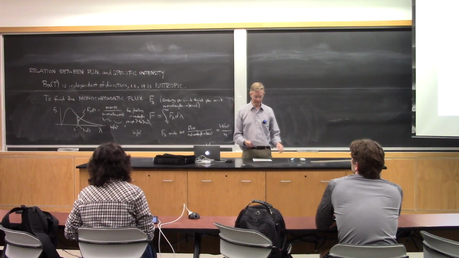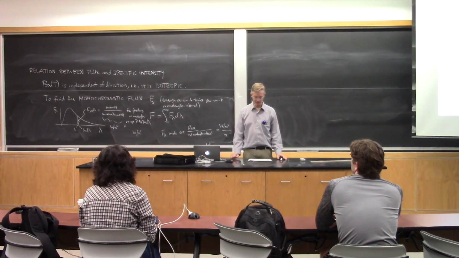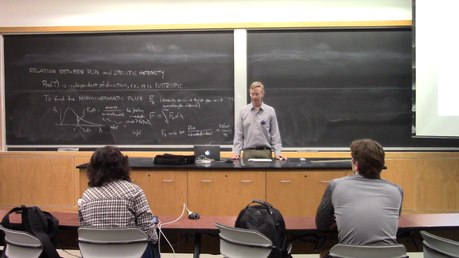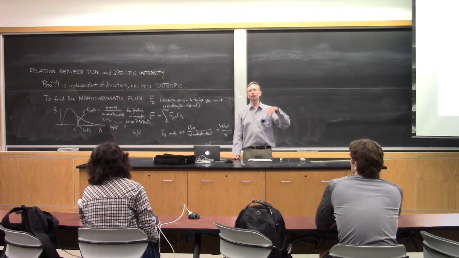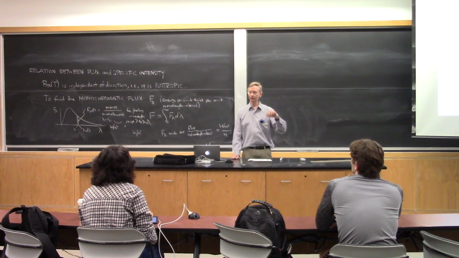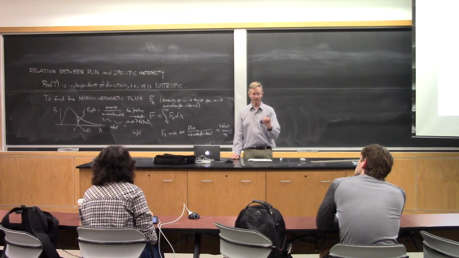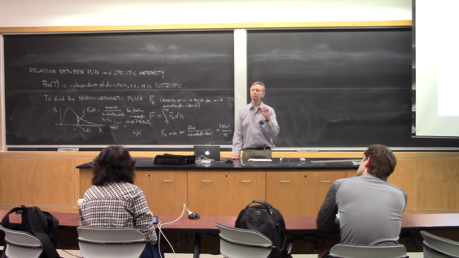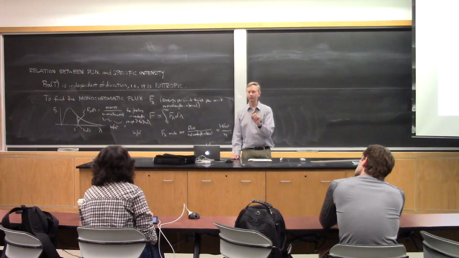Okay? And so we're going to get this relationship between F lambda, which is the total flux per unit wavelength interval, and B lambda, the specific intensity, which is flux per unit wavelength interval per unit solid angle, per steradian.